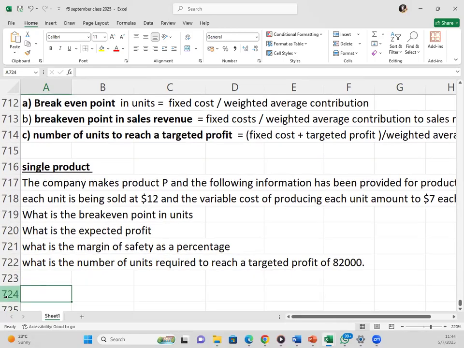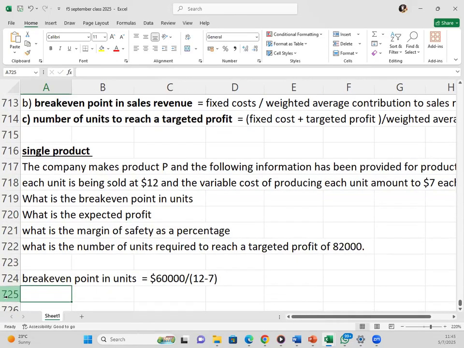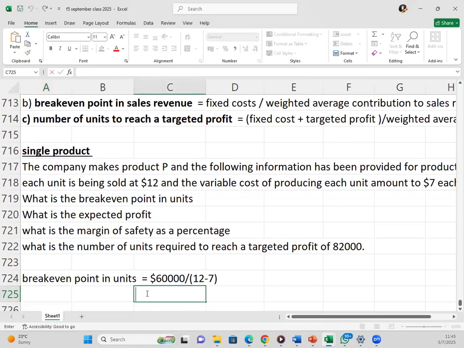The product being sold is just a single product, so for the first calculation, the break-even point in units shouldn't take us time. The break-even point in units is our total fixed costs, 60,000, over our contribution. Contribution is the selling price minus the variable cost: 12 minus 7.